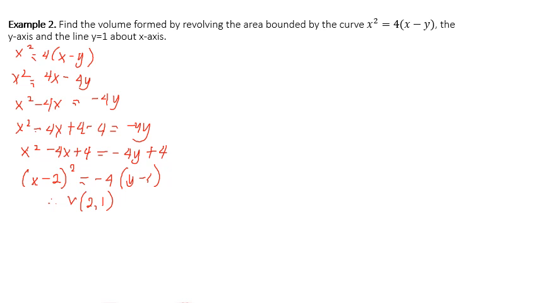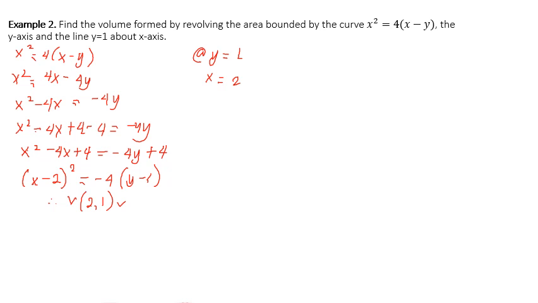Now, after that, we need to get the intersection points. Based on the problem statement, we need to get the area bounded by the curve, the y-axis, and y is equal to 1. At y equal to 1, from the given vertex here, x is 2. So let's check if it's 2.